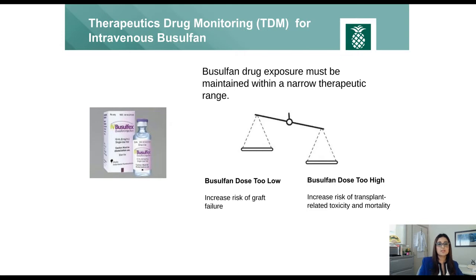Busulfan concentrations below the therapeutic range put patients at risk of having a graft failure, and Busulfan levels above the therapeutic range increase the risk of transplant-related toxicity and mortality associated with veno-occlusive liver disease, convulsions, and coma.